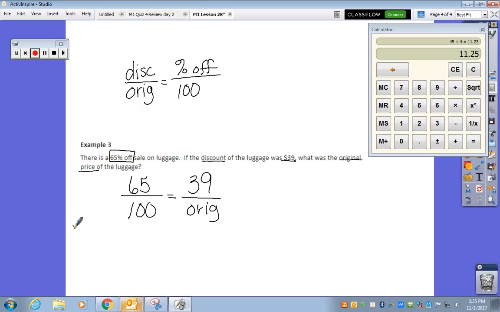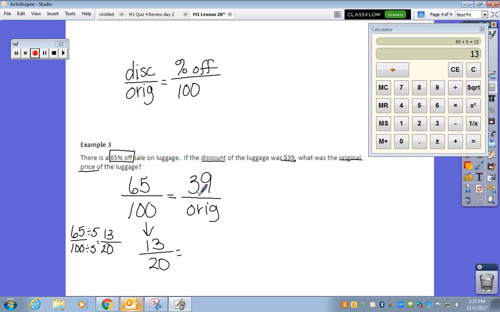So now I'm going to go ahead and simplify my 65 over 100. I am going to divide both of these by 5 and get 13/20. So I'm going to rewrite the 65 over 100 as 13/20.